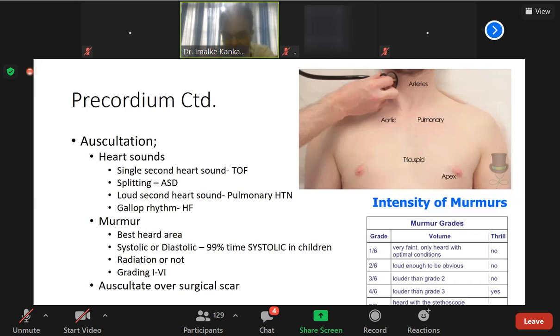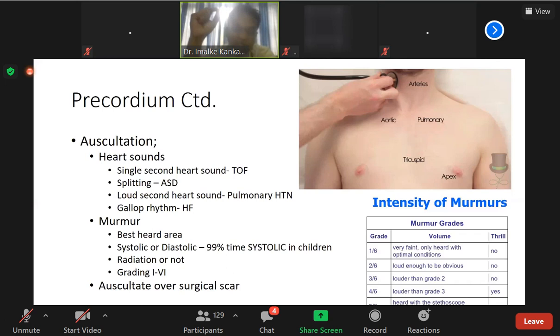Start with apex, left lower sternal edge, then pulmonary, then aortic area, right? That has to be the order. You have to concentrate mainly on where the murmur is best heard, nothing else. Heart sounds, of course, will be there whether you like it or not, but you are trying to focus on where the murmur is best heard.